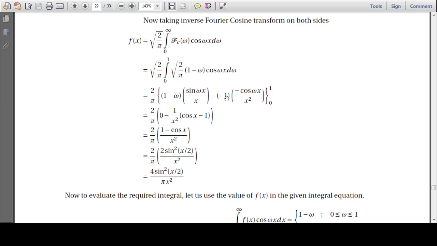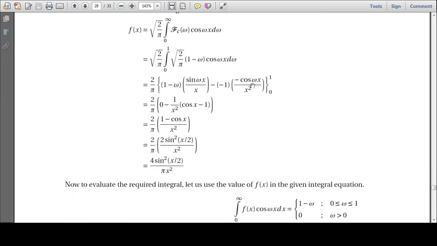Minus into minus is plus, plus into minus is minus. So minus 1 by x square into, when we put the upper limit, cos x, minus, when I put the lower limit, cos 0 into x, that is cos 0 is 1, so cos x minus 1. We multiply this cos x minus 1 by this negative 1, I get 1 minus cos x by x square.